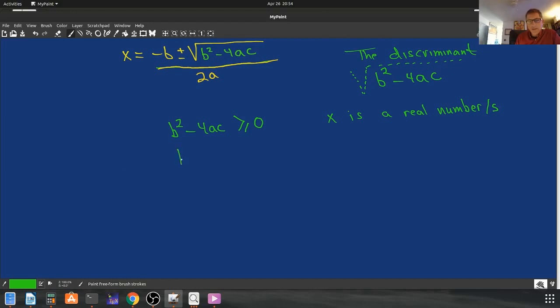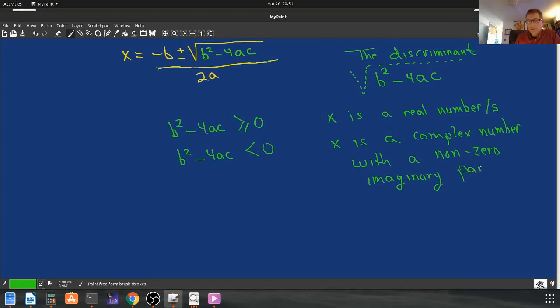On the other hand, if b squared minus 4ac is less than 0, then you're taking the square root of a negative number, and the solution is a complex number with a non-zero imaginary part.